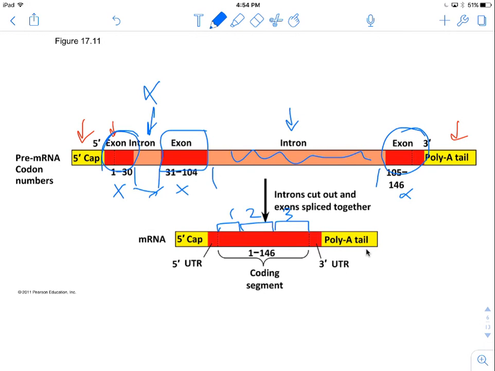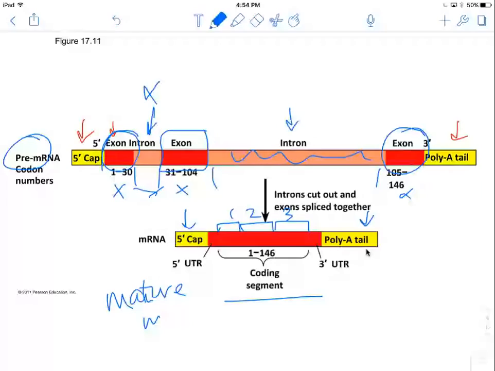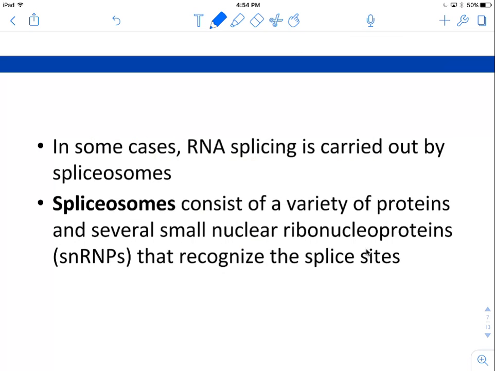Okay, and then we have a continuous coding segment that will properly translate our protein. And now, because before we had a pre-mRNA, it needed to be modified, it needed to be spliced. And now, once it has its cap and its tail and it's been spliced, it's called a mature mRNA. And that gets exported to the cytosol, okay, finds a ribosome and gets translated.